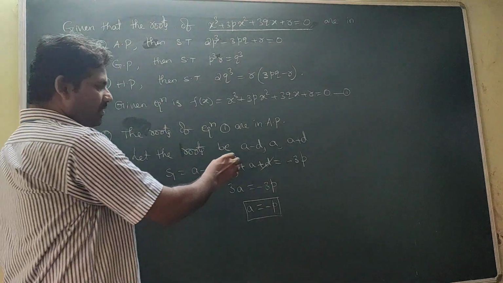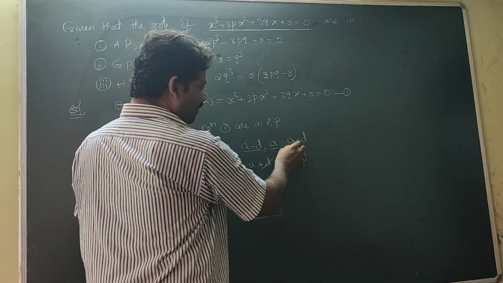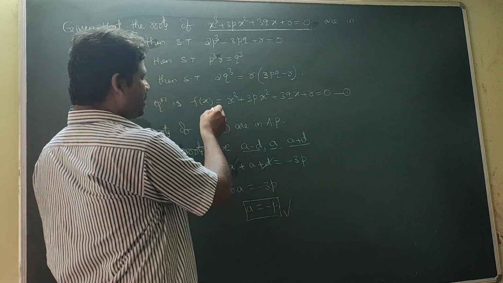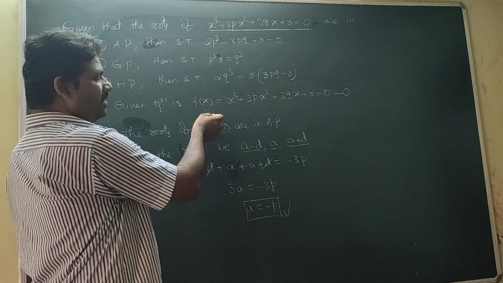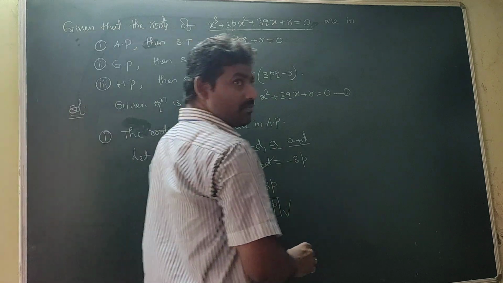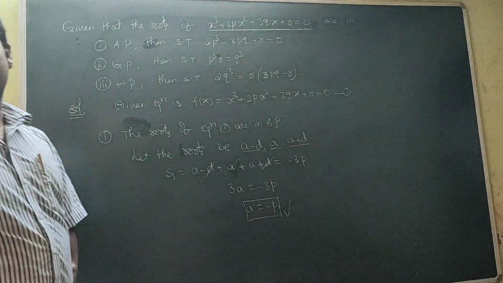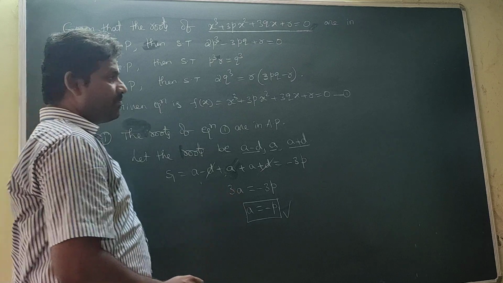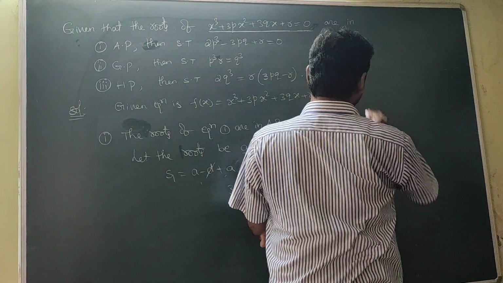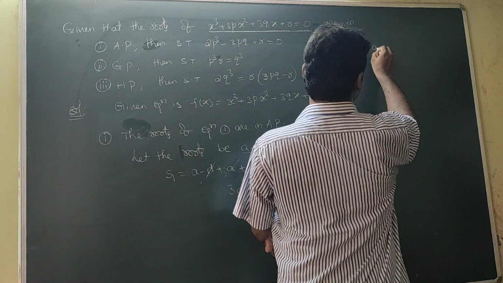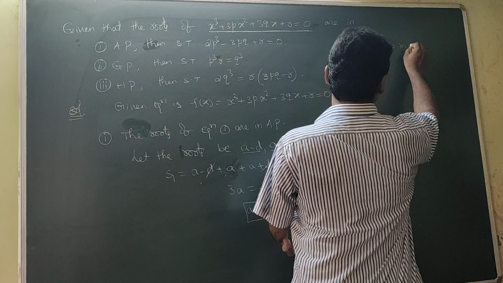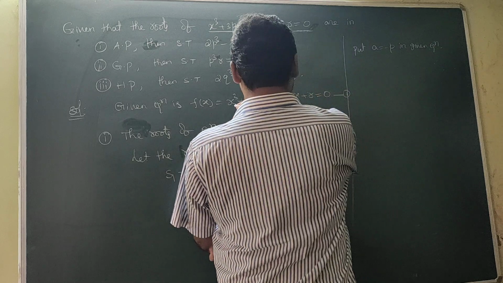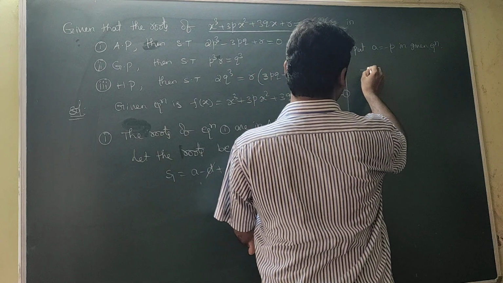What are the roots of the given equation? a minus b, a, a plus b. So this root must satisfy the given equation. Put a equal to minus p in the given equation. That's it. So substitute in the given equation a equal to minus p.